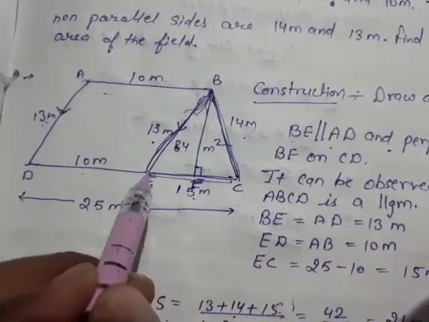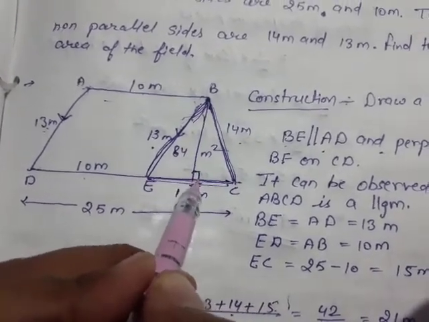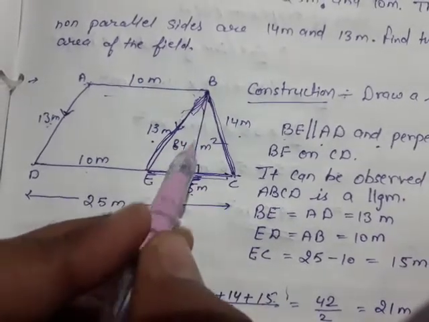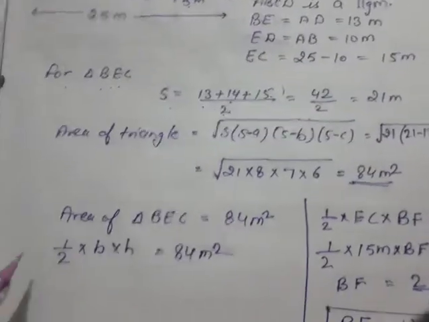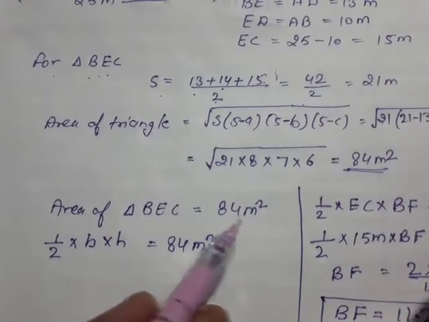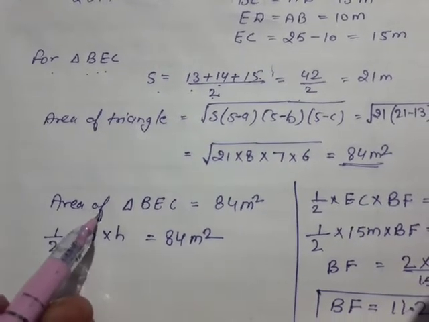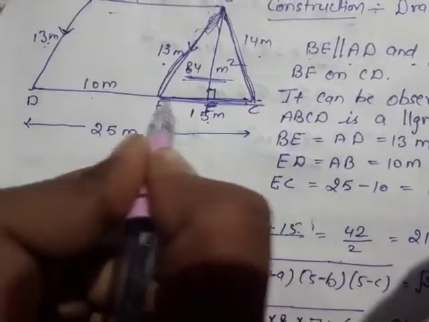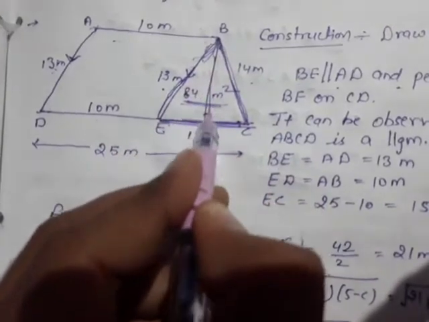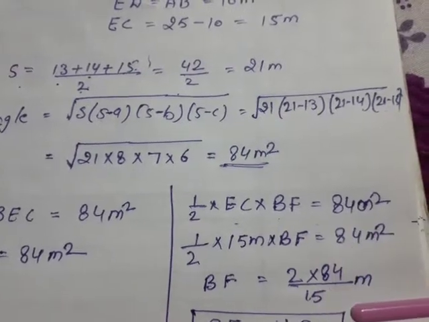Now for this triangle, if we take EC as the base, then the height is the perpendicular on EC, which is BF. By using half into base into height, the area of triangle BEC remains the same, 84 meter square. So half into EC into BF equals 84 meter square.